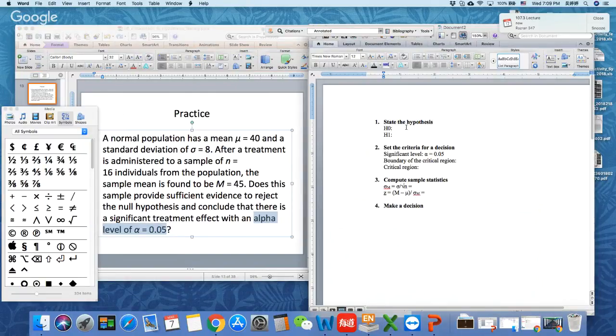The first step, we state the hypothesis, right? The hypothesis H0 means we don't have any effect. Let me enlarge this a little bit.